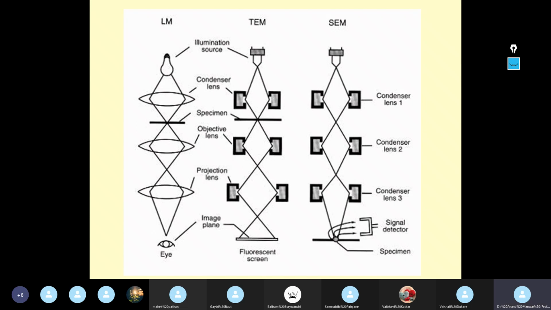It can be used for detailed observation of intracellular structures. It can be used for measurement of the size of viruses, because viruses are very small in size.